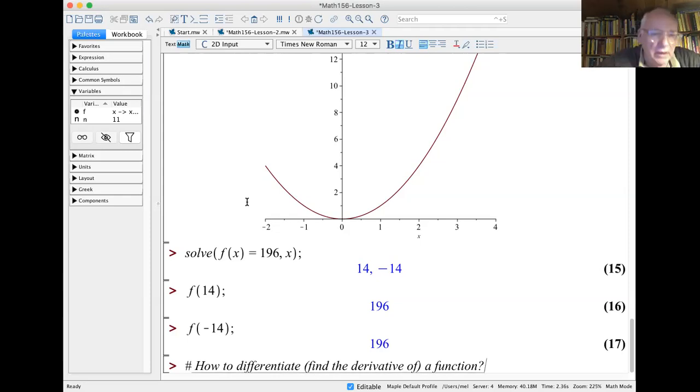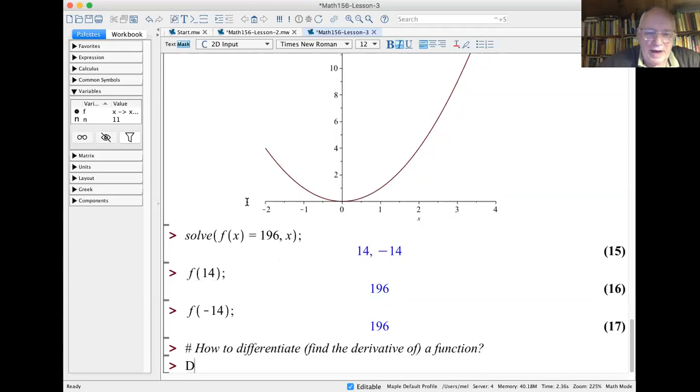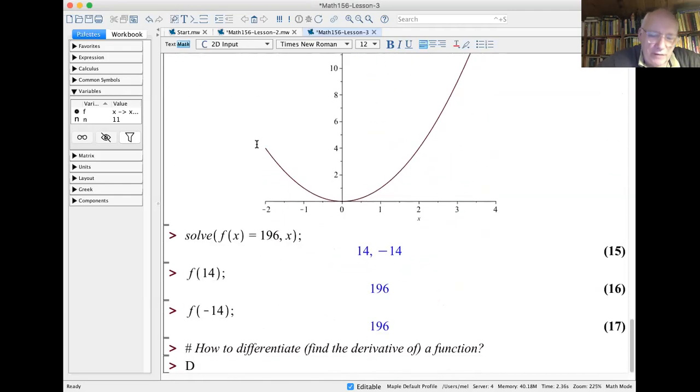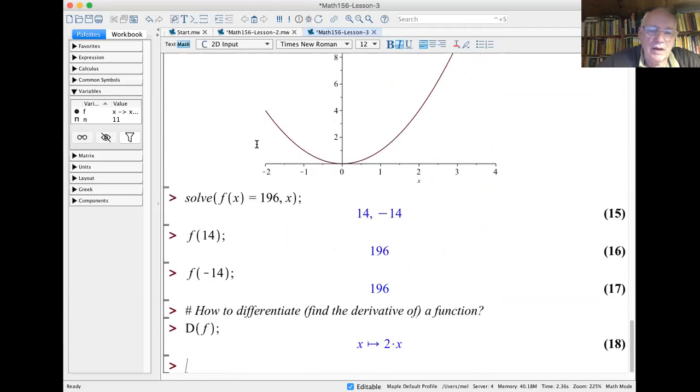Well, it's incredibly easy. All you have to know is the first letter of the word derivative. If I write capital D, now, if I already defined my function f, that's my function f. If I write capital D of f, I get 2x. That's my function. This is a function. x goes to 2x.